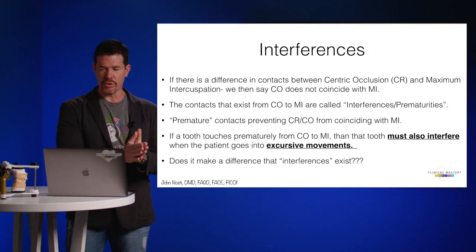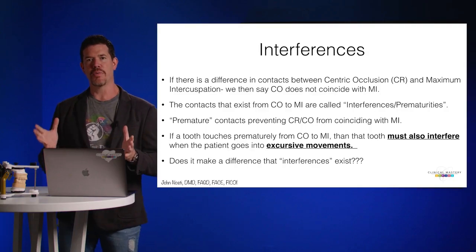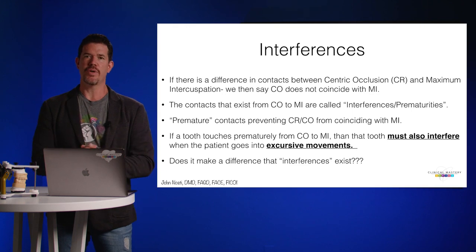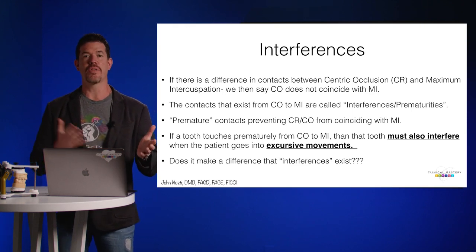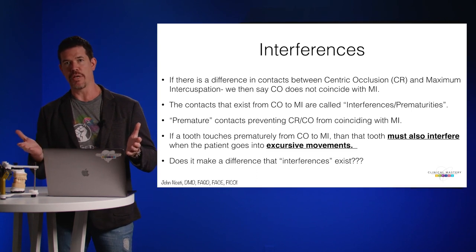So now let's talk about some terminologies that you may have heard in order to describe what these contacts are. So we say that if there is a difference between a patient's centric occlusion and their maximum intercuspation, then we say CO, centric occlusion, does not coincide with MI, maximum intercuspation. So they have a discrepancy between CO and MI.